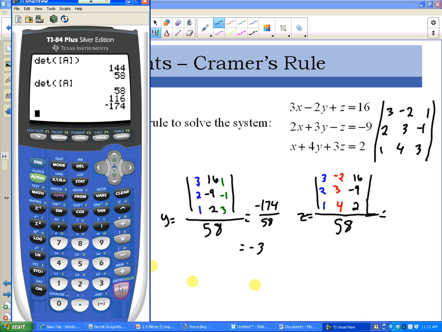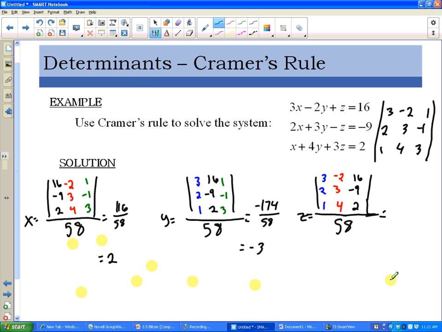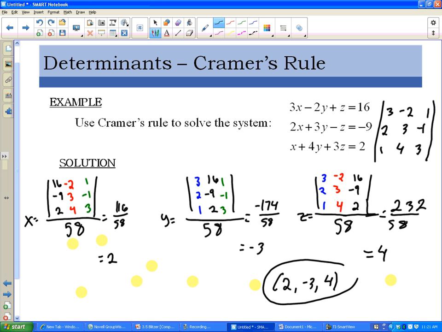Second mode to quit and press enter, you get 232 over 58, which is 4. Yeah, 4. So my x is 2, my y is negative 3, my z is 4. So that is my answer.